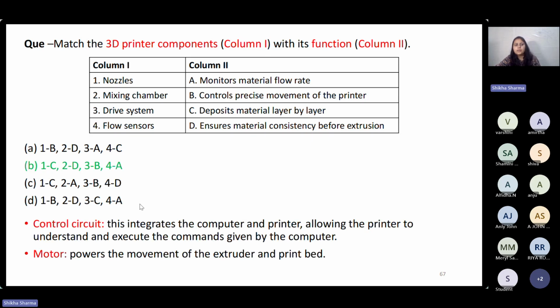So there can be different components in the 3D printer. One is the control circuit. This integrates the computer and the printer, allowing the printer to understand and execute the commands given by the computer. Then there is the motor, which powers the movement of the extruder and printing bed.